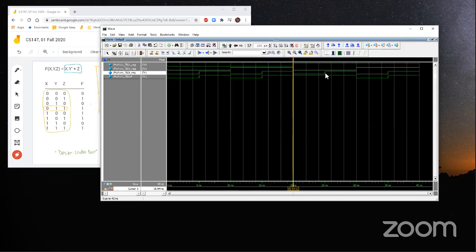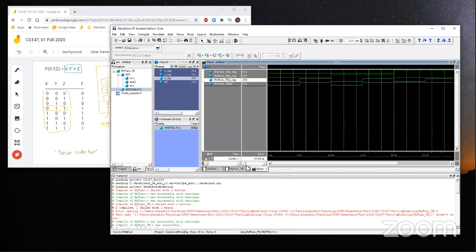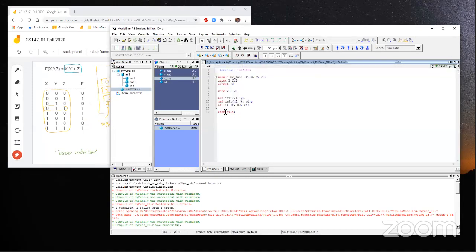Then 1, 0, 1 is 1. Then 1, 1, 0 is 0. And 1, 1, 1 is 1. So we can see that our circuit is working. Whatever we implemented as a Verilog hardware description, that is basically working as expected.